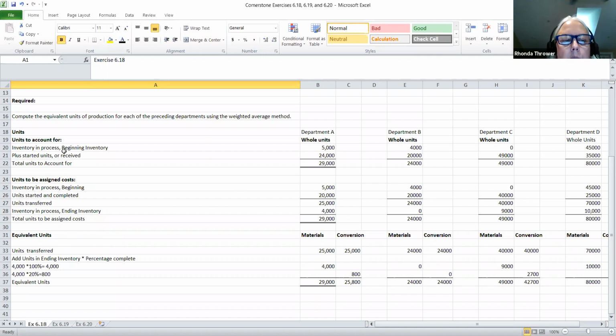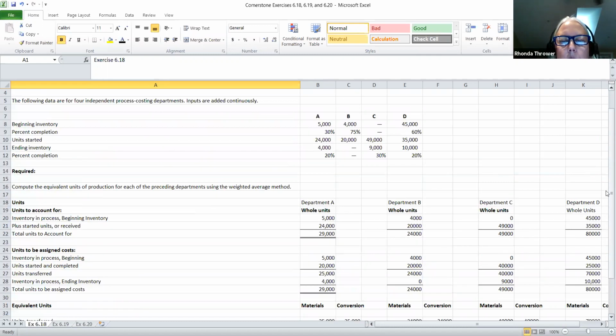With our units, we're going to start with our beginning inventory whole units. In this particular problem, they gave us the beginning inventory whole units for Department A. So I simply copied that 5,000 in here as the whole units for the beginning inventory.